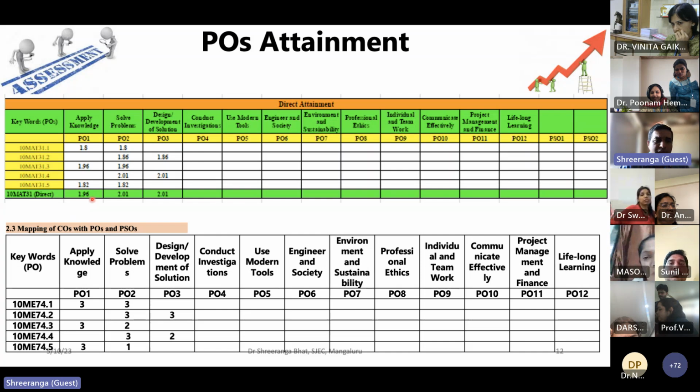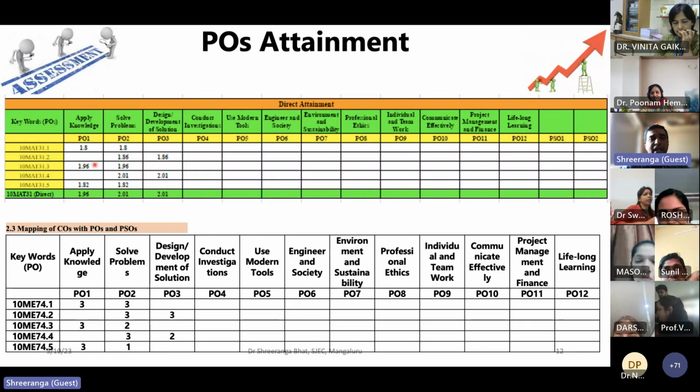Now, once you map, there are two options. Either you can take the average of all these values, or you can take the highest value. Like in game theory and operational research, the highest value can be opted. In one of the documents which I observed in the NBA, in the PPT given by Professor Sahasrabuddhe, he has recommended, instead of going for the average, to go for the highest value within this particular column.